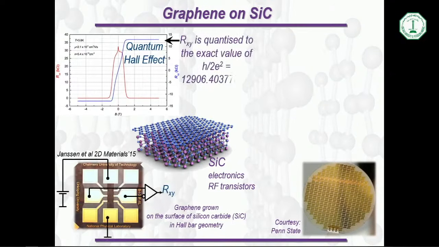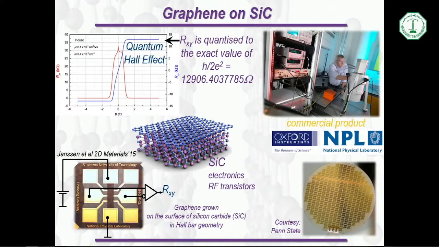You put a two-dimensional material into a high magnetic field, and it shows you the quantized value of the resistance. And apparently, graphene is the easiest and the most precise way to measure it, and it's being used across the globe.